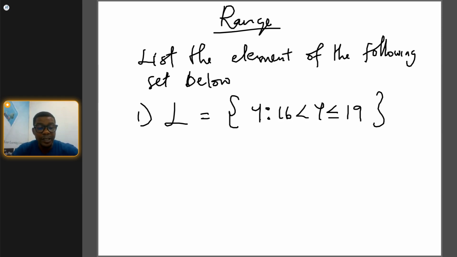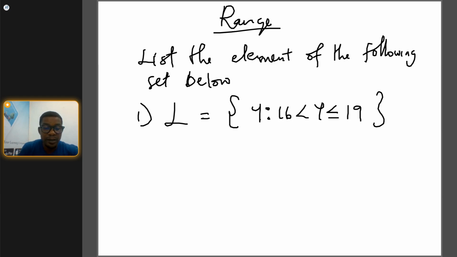You will barely see a question where they give you all the elements at once. They will always denote your elements in range form, so you'll be the one to interpret and list out the elements. If your interpretation is not accurate, you are likely to get a response that is also not accurate. So you need to understand range.